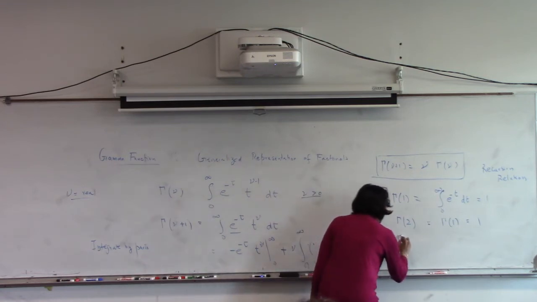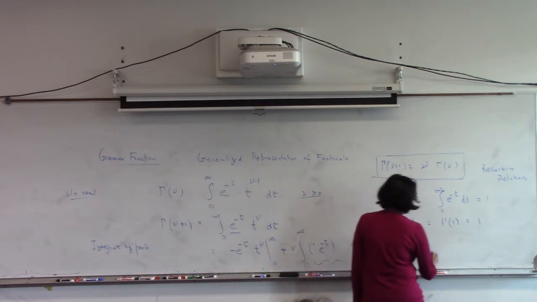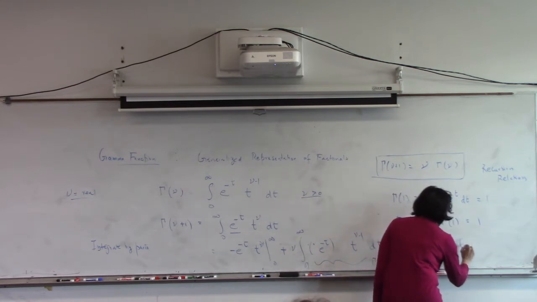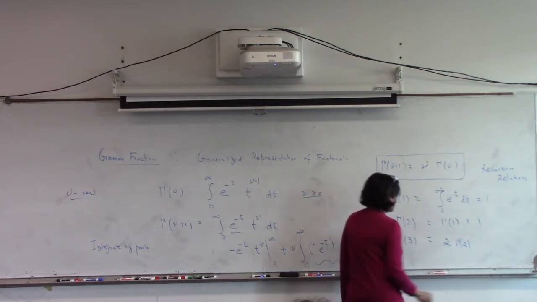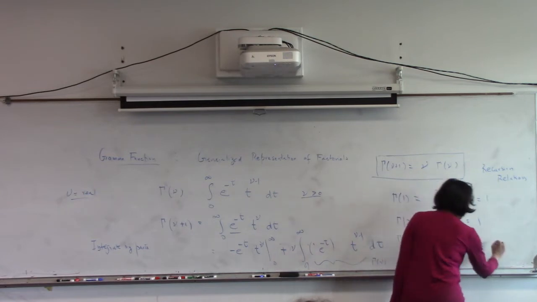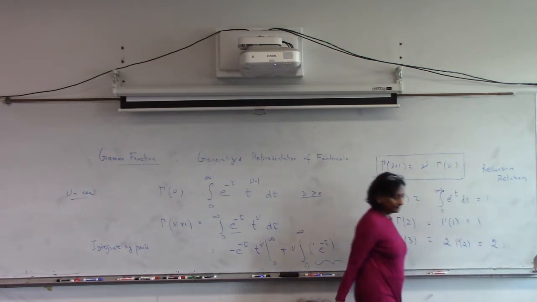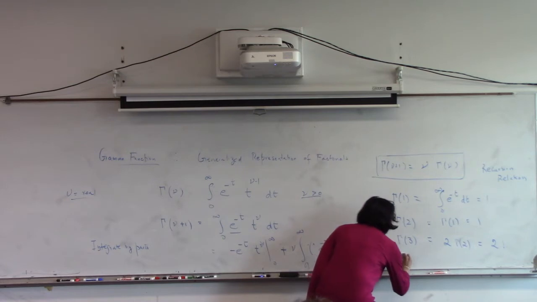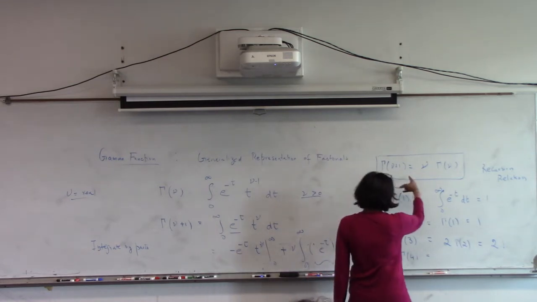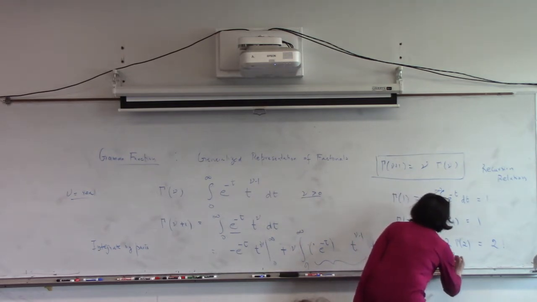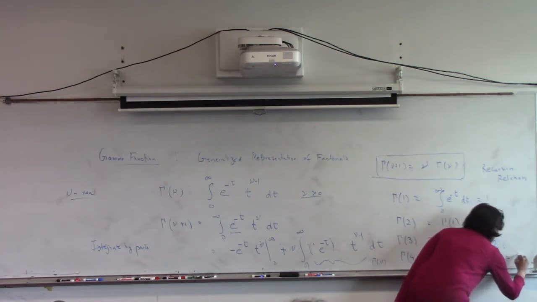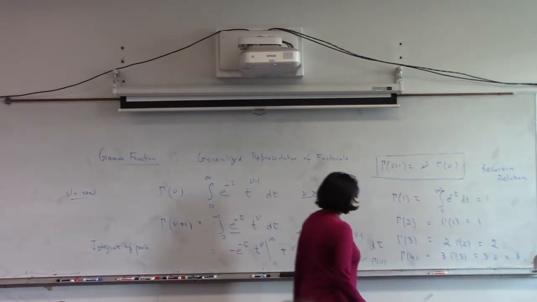What is gamma of 3? 2 plus 1, so it's 2 times gamma of 2, which is 1, so I can write this as 2 factorial. So gamma of 4, just put a couple of them, then you will see what it is. 3 plus 1, so it is 3 times gamma 3, which is 3 times 2, which is 3 factorial.